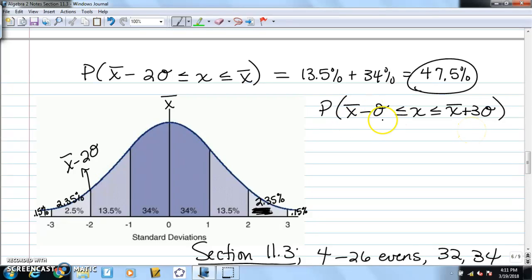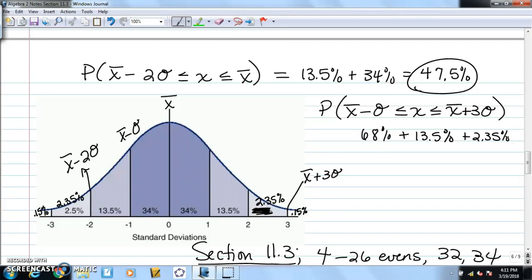So let's look at this. X minus sigma, so that's 1 standard deviation. The mean minus 1 standard deviation is right here. The mean plus 3 standard deviations is right here. Again, you could just go in between these, or you could take this one minus that one. But in this case, since you know what they are, you have the 68% plus the 13.5% plus the 2.35%.